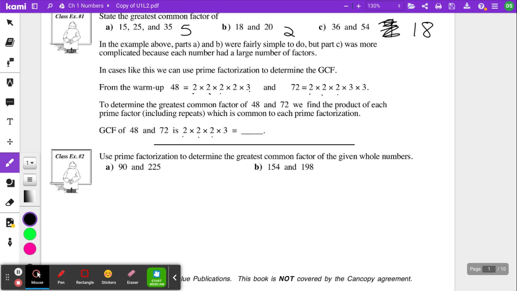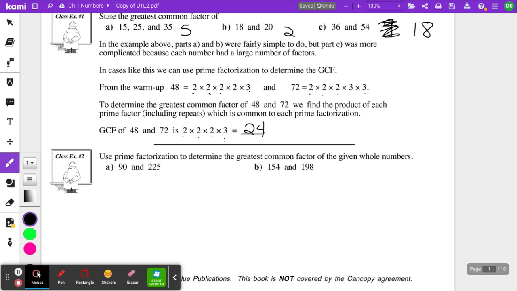So write down one 3. Do they have anything else in common? That's it. So this is your answer. 2 times 2, 4, times 2 is 8, times 3 is 24. So the greatest common factor of 48 and 72 is 24.